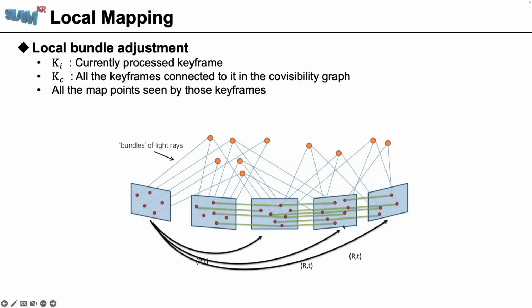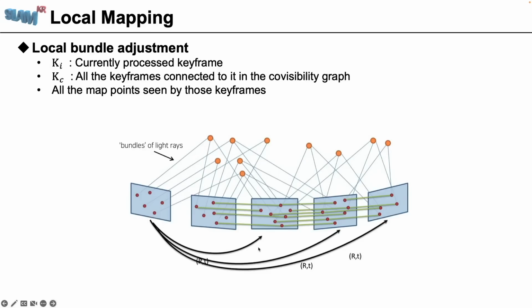So that's it. And after the local map is created to enough size, local bundle adjustment is triggered.